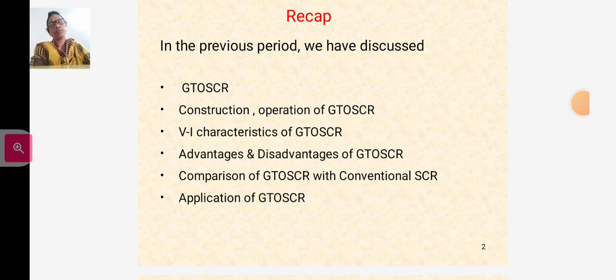Converting means AC to DC, DC to AC, or frequency converters. In case of controlling, devices like choppers are used as a switch, like on and off.